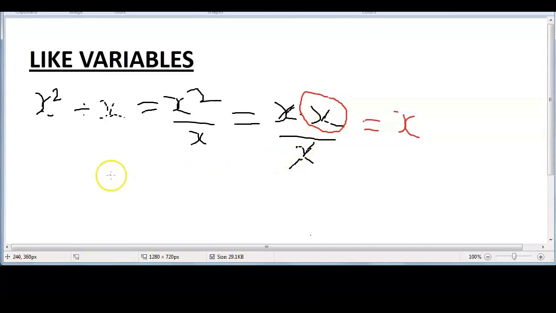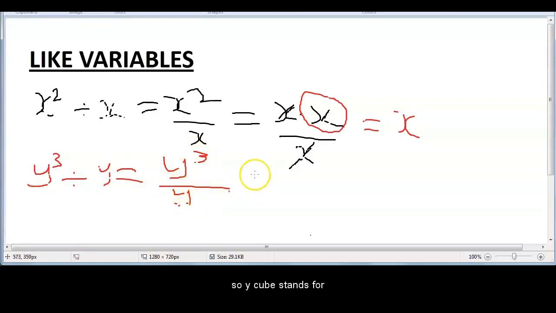Now what about y cube divided by y? Once again we write this as y cube all over y. So y cube stands for y multiplied by y multiplied by y, three times, all over y.